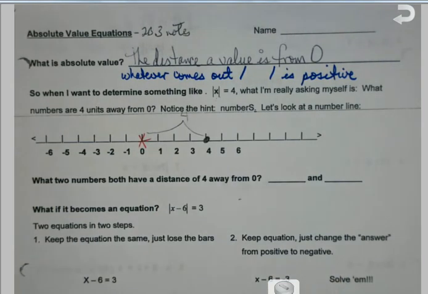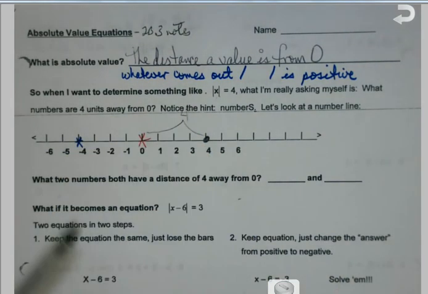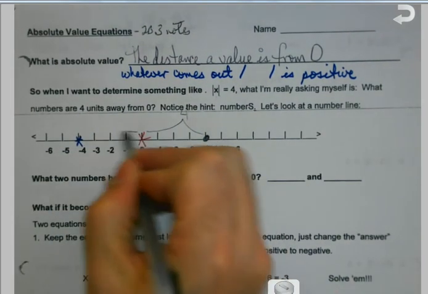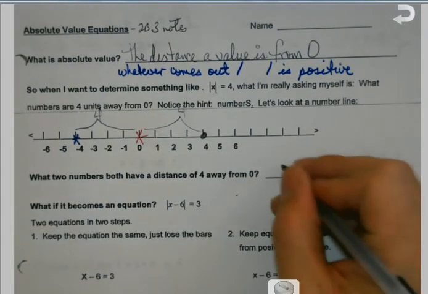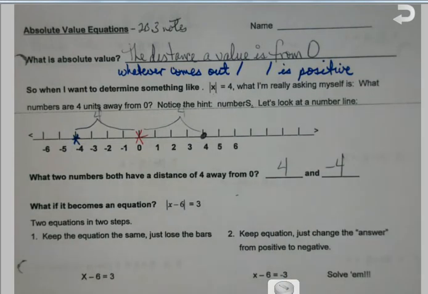But like Colby said, he's right, negative 4 is also 4 away from 0. So I'm going to get two values, and it won't necessarily just be negative and positive of the same number every time. But I'm always going to get two answers for these, because there's always two numbers coming from each direction that are going to work.